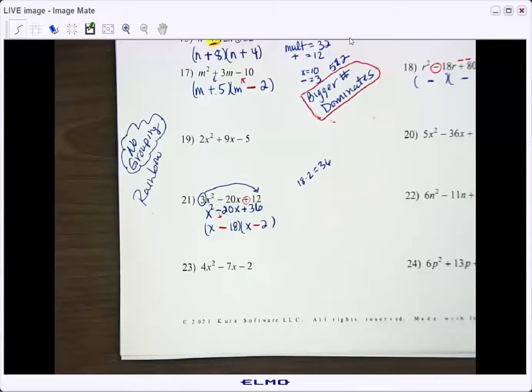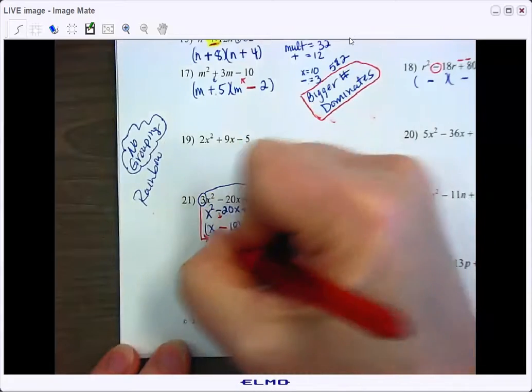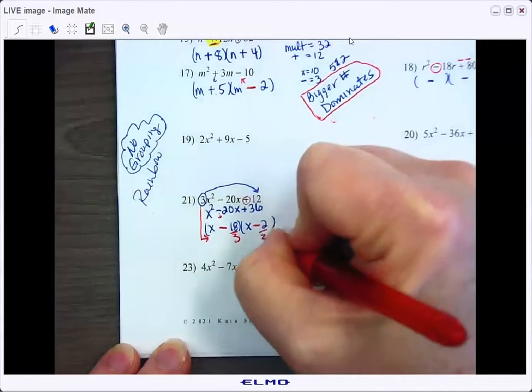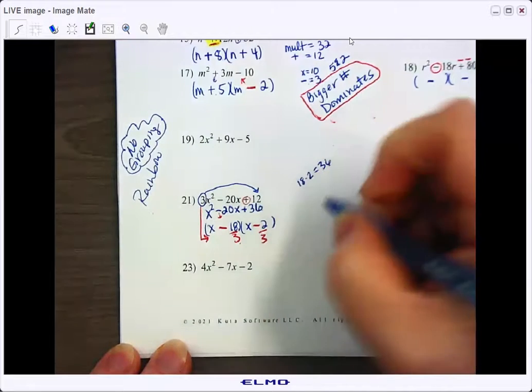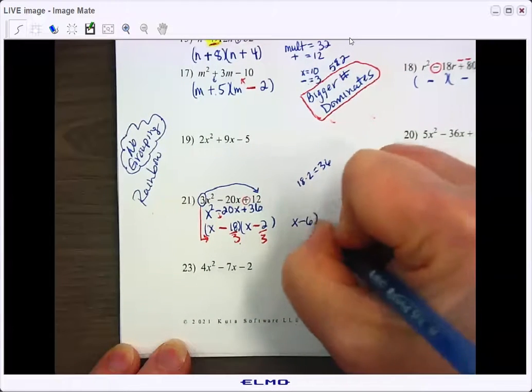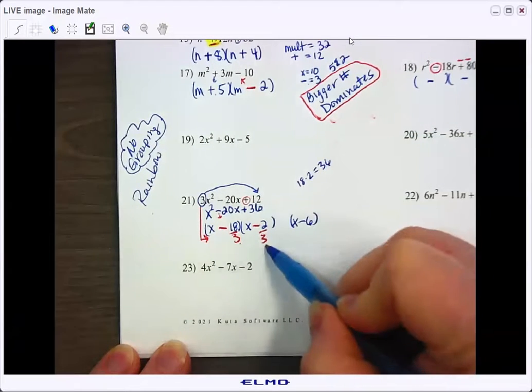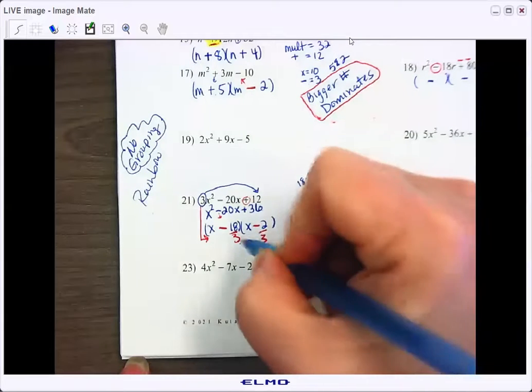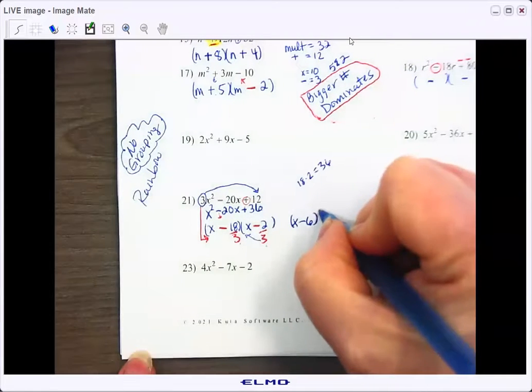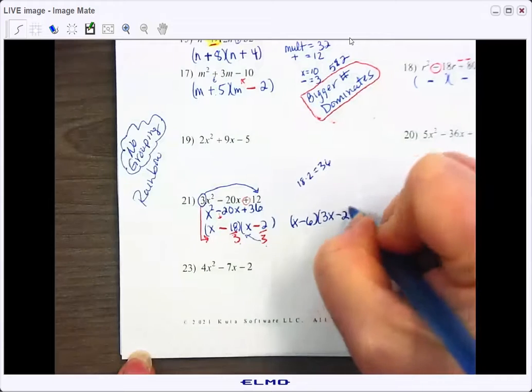Okay. Yeah. That thing that I multiplied away a minute ago, I have to bring it back. So we have to divide by 3. Both sides. Okay, so this divides evenly. So we get x minus 6. This doesn't divide evenly and it doesn't reduce. So I'm going to move the 3 to the front. 3x minus 2.